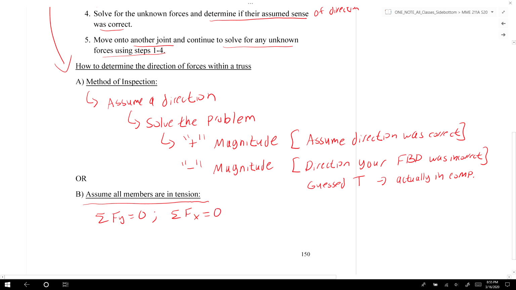If you make this assumption, all your positive answers would correspond with members that are in tension, and all your negative answers would be in compression.